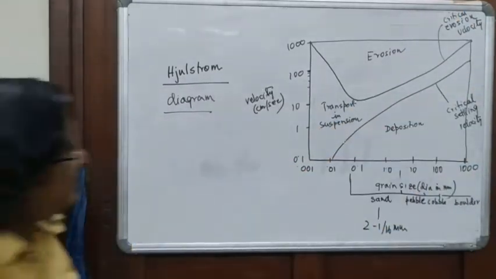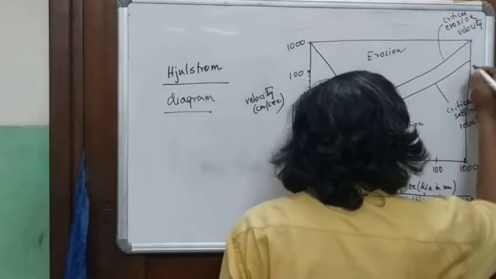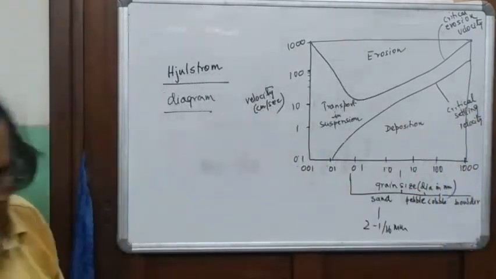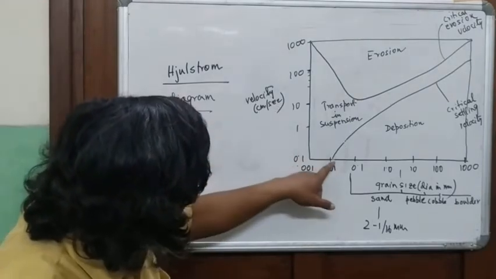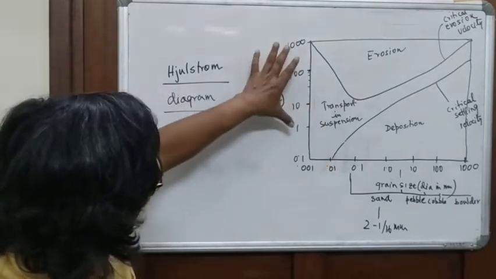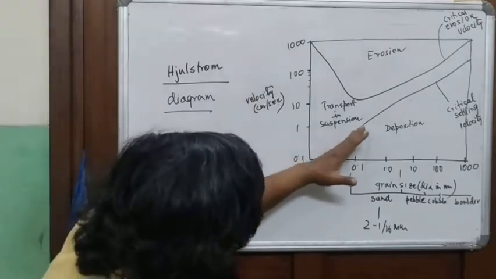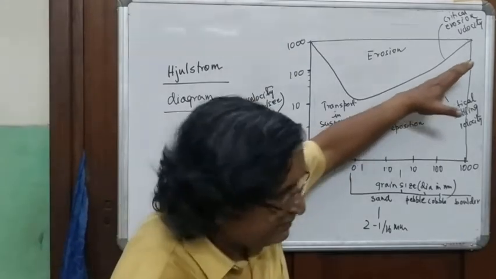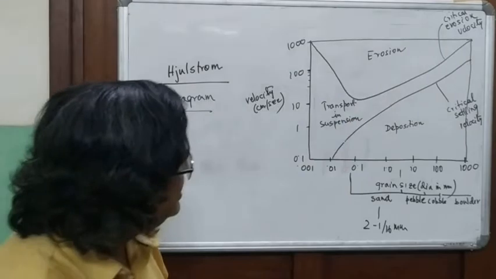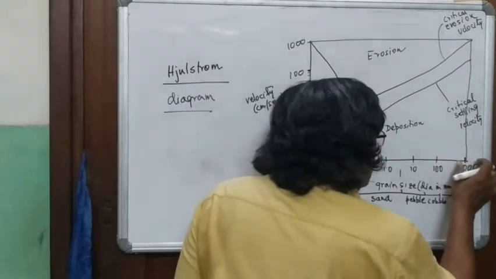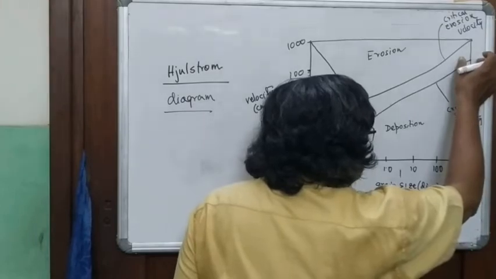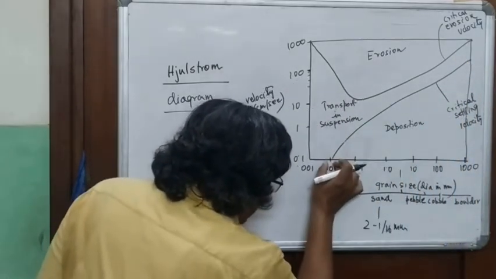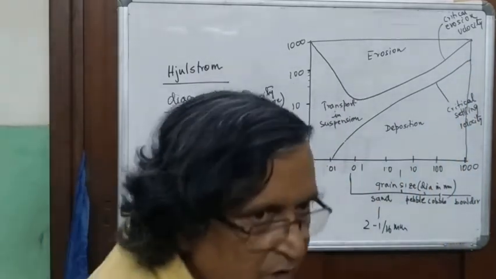But if you look at the critical settling velocity curve here, you can see the settling velocity continuously increases with slight variations. The grains with larger sizes settle at higher speeds, and the materials of smaller sizes settle at lower speeds.